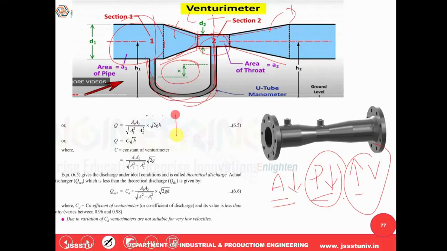Then he derived the equation Q equal to A1 A2 by root of A1 square minus A2 square into root of 2gH, where A1 is the area at the pipe section, section 1, and A2 is the area at the throat, whereas H is the pressure head difference between section 1 and section 2. Whatever value you get from the manometer, you plug into it. So this will measure the discharge value.